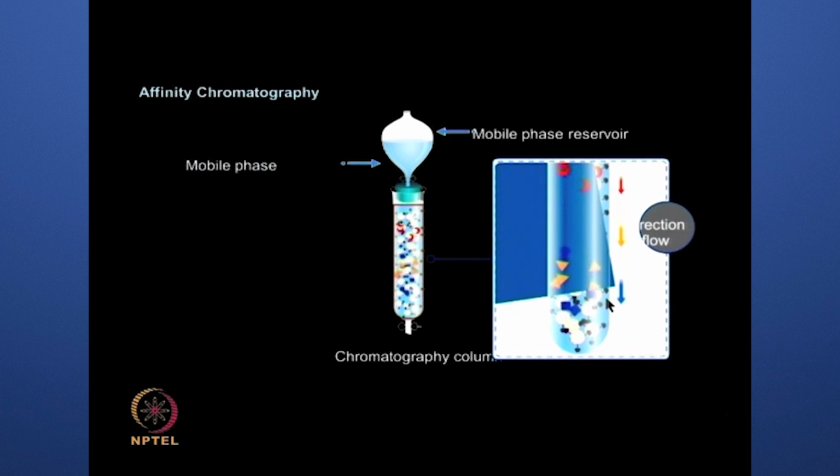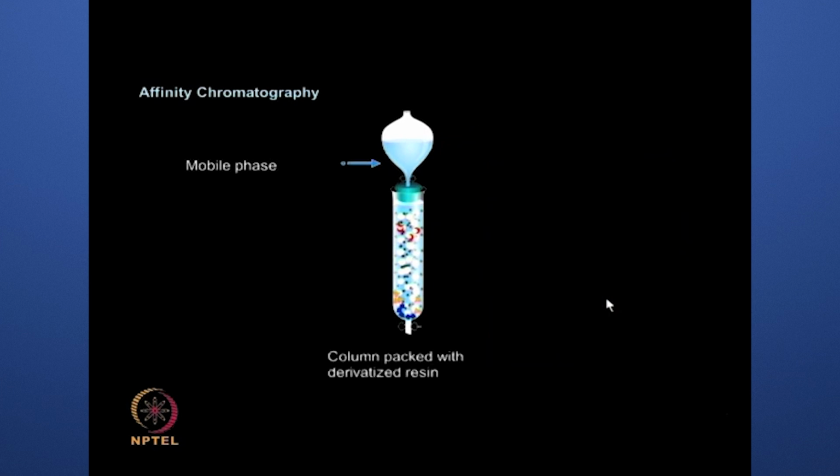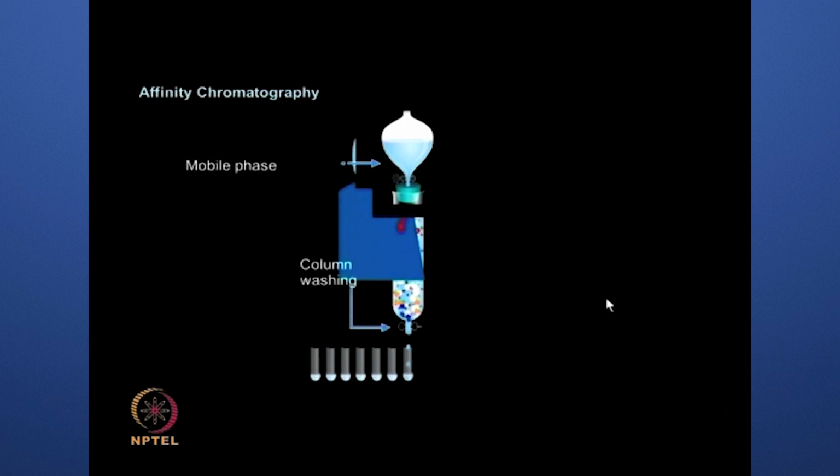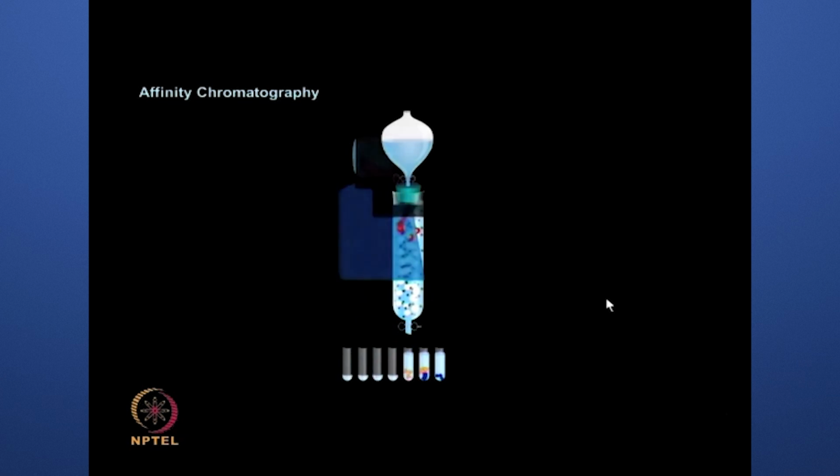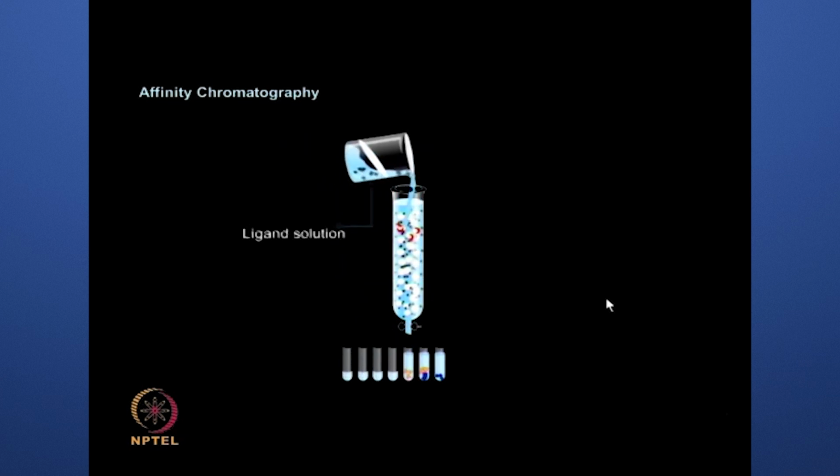The column is washed with a suitable mobile phase to remove all the unbound proteins. The protein of interest, which has higher affinity for the ligand, remains bound to the derivatized column matrix and is not removed during the washing. The fractions collected during sample washing can be analyzed, assessed and discarded if they are not required.